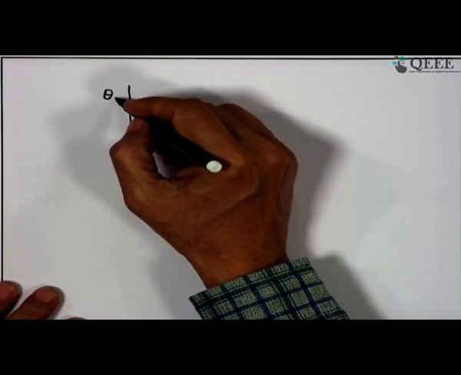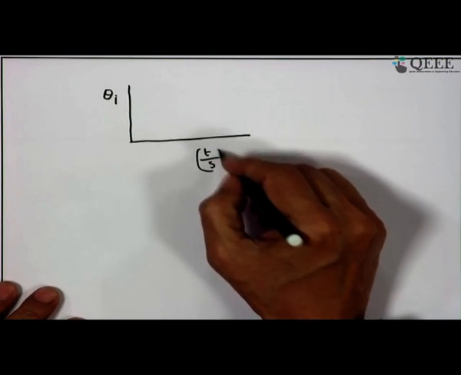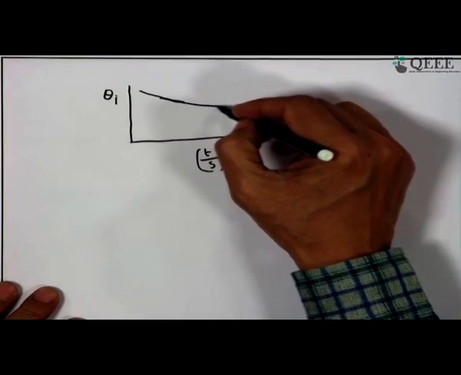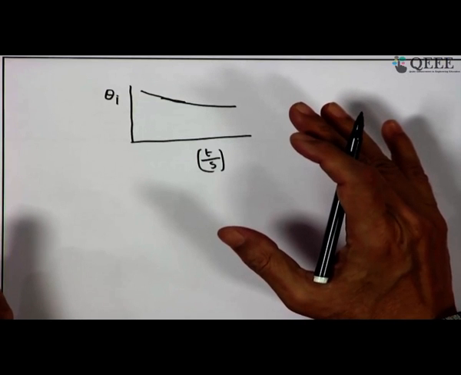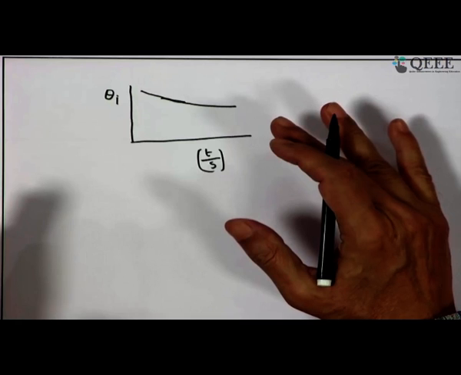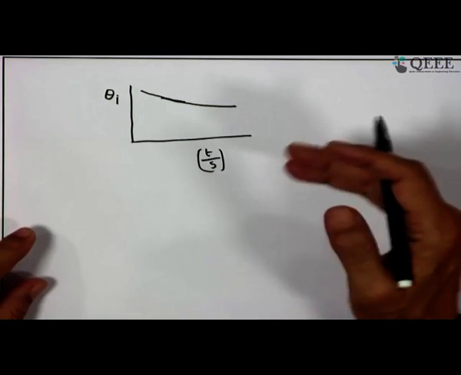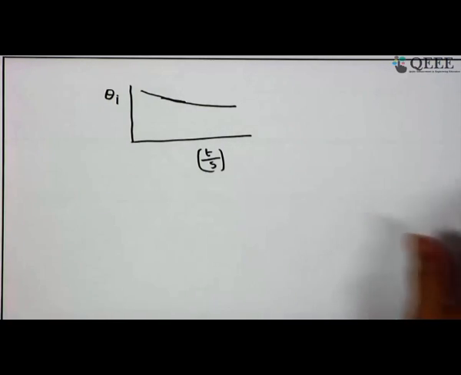This is the temperature theta I, and if we increase T by S, we can reduce this cutting temperature. That means we engage a larger section of the cutting edge, and thereby the specific thermodynamic load can also be reduced. So, the T by S ratio is also significant in controlling the cutting temperature.